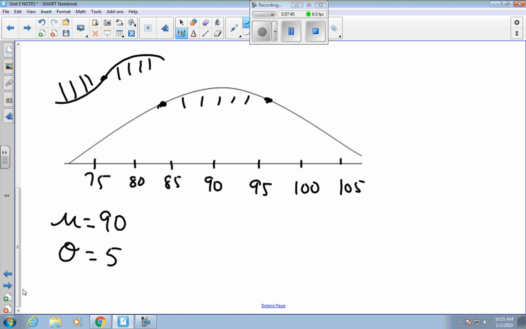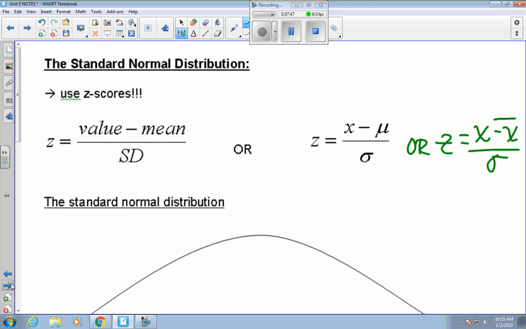All right, z-scores. Standard normal distribution, z-scores. So what happens is we deal with x values. That's what we did in the last chapter. We dealt with actual values. So whether we're talking about salary, ages, temperature, whatever, we can change everything to a z-score.